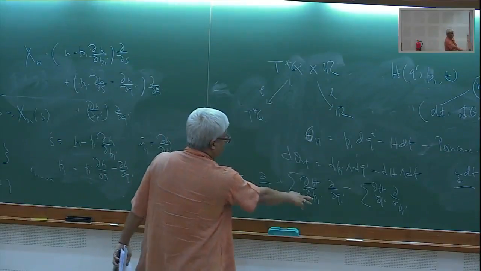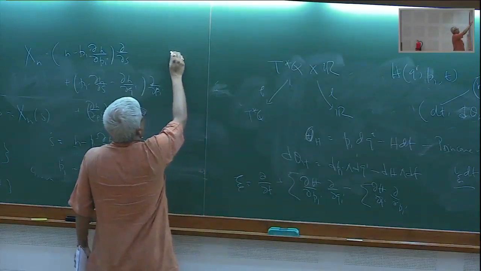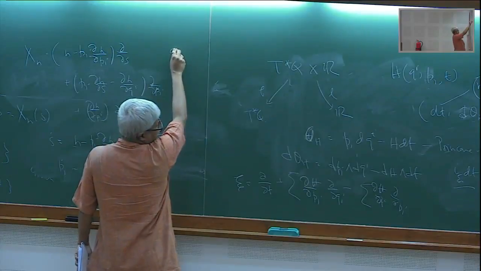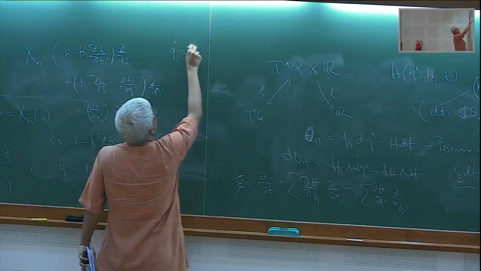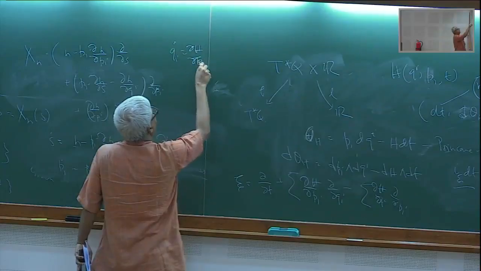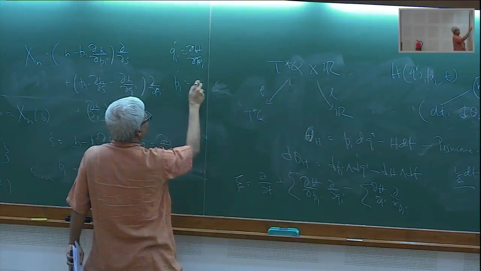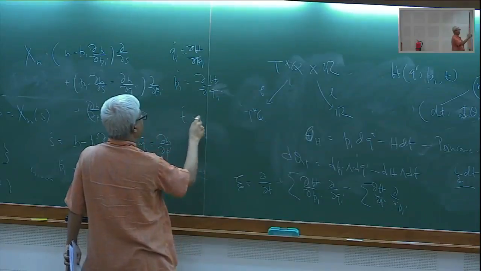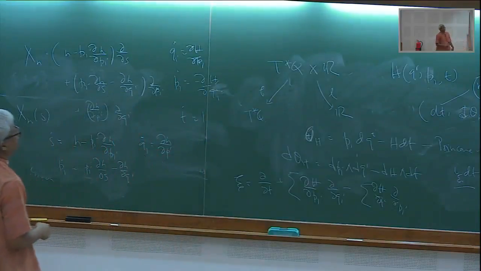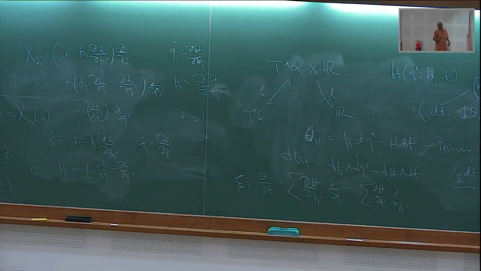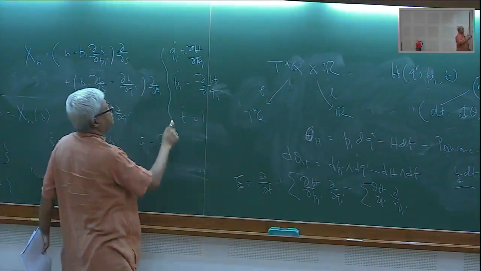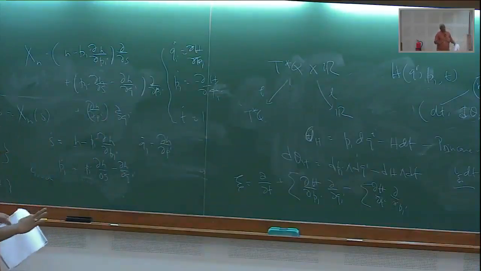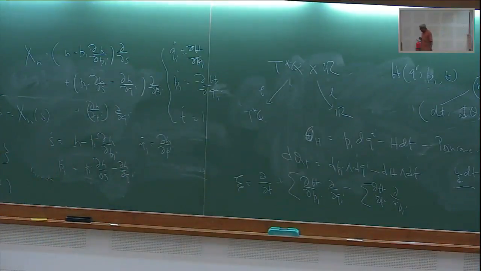How? Because this is what you know: qi dot is equal to del h del pi, pi dot is equal to minus del h del qi, and t dot is equal to 1. Because t is no longer an independent coordinate, this is the set of equations for the time dependent case. So this is the setting that exactly works for all these cases.